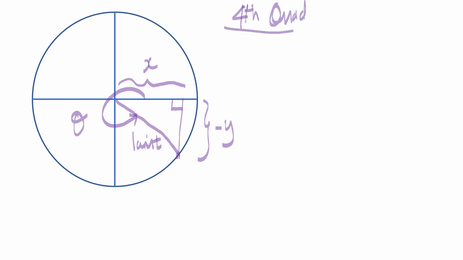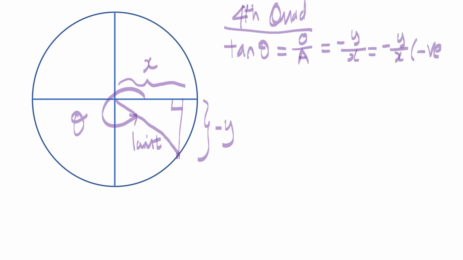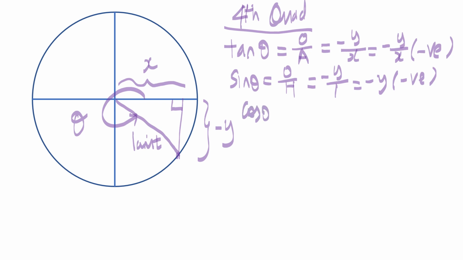So tangent theta will be O over A, which is negative y over x, so a negative value. Sine theta will be O over h, which is negative y over 1, a negative value. Then cosine theta will be A over h, positive x over 1. So x is a positive value.